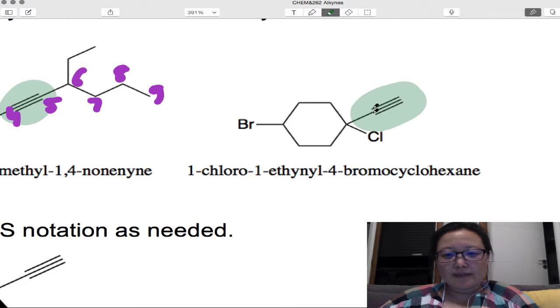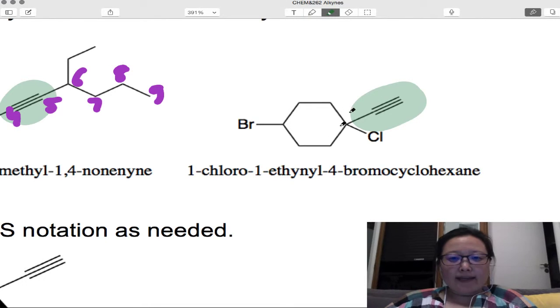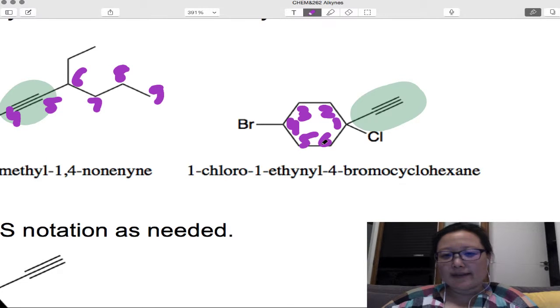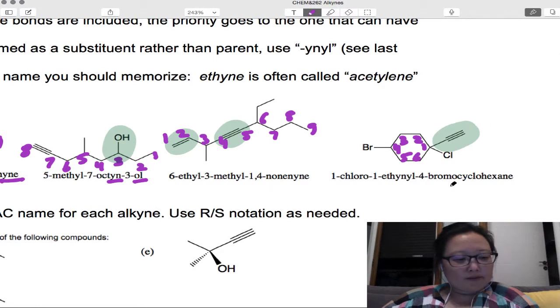So ethynyl because it's 2 carbons. And again, we numbered the ring this way because we have 2 groups on carbon 1 this way. So it could be 1, 1 instead of 4, 4. And of course, don't forget cyclo when you have a ring.